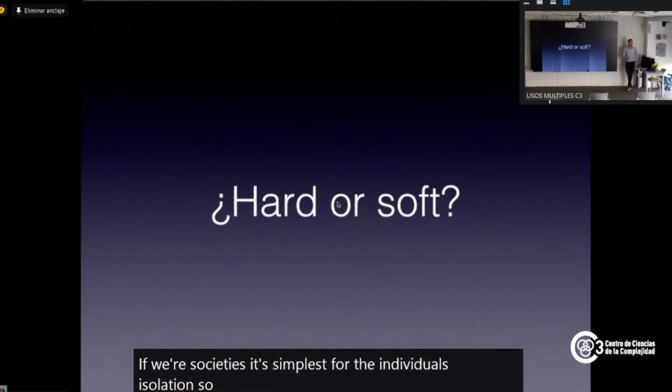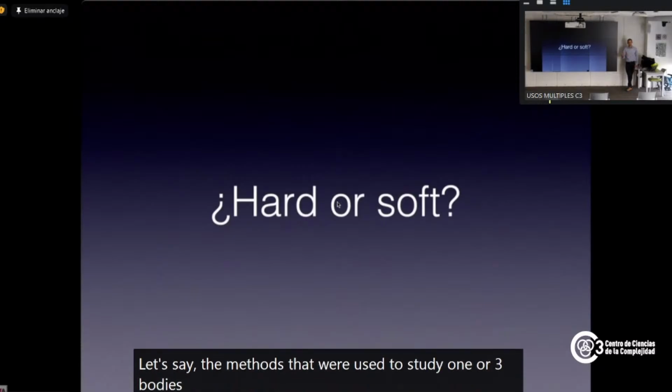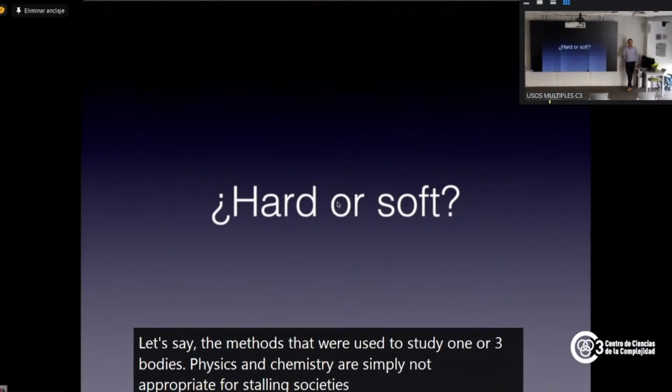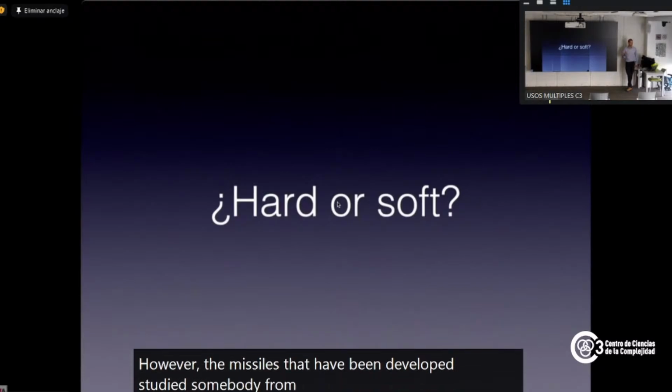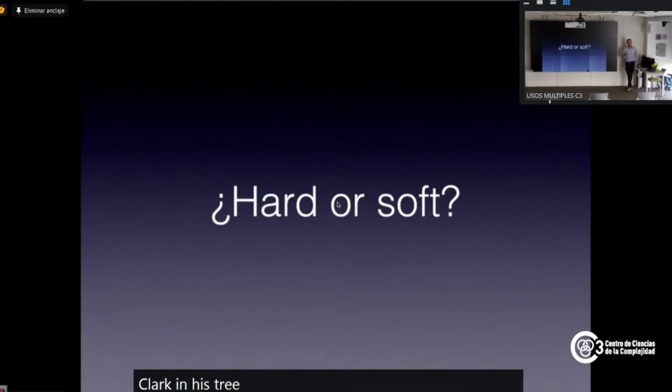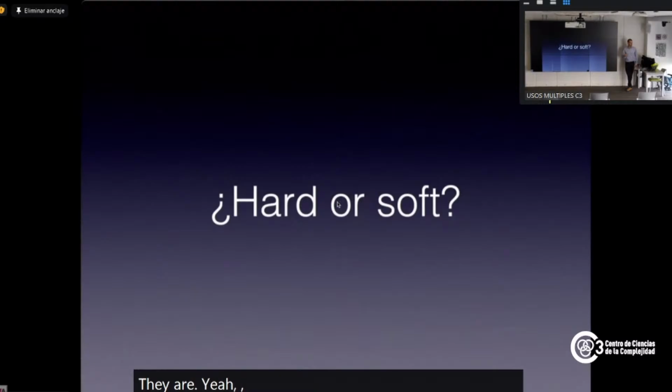So the methods that were used to study one, two, or three bodies in physics and chemistry are simply not appropriate for studying societies. However, the methods that have been developed to study the n-body problem or supramolecular chemistry, complex systems in general that we have seen, are appropriate for studying societies and ecosystems.